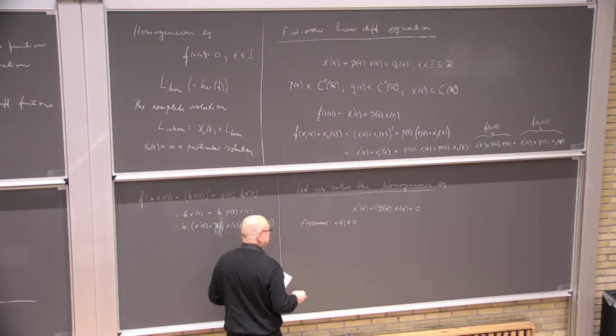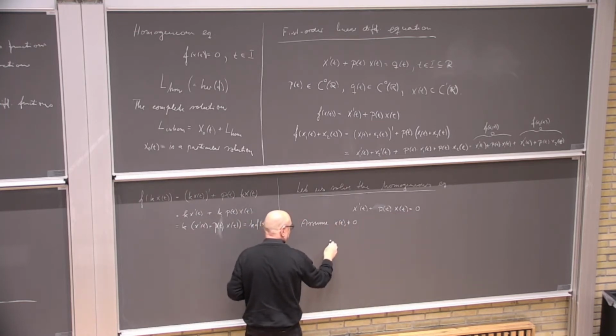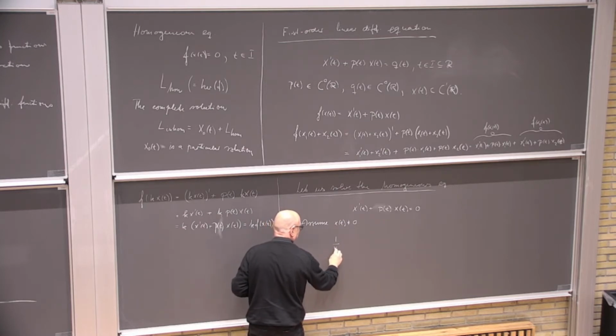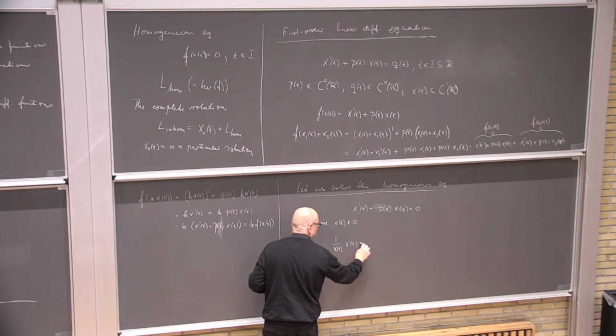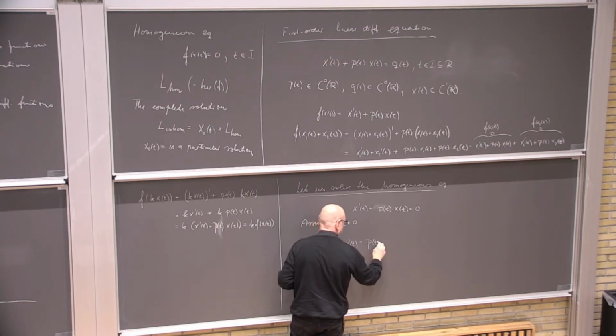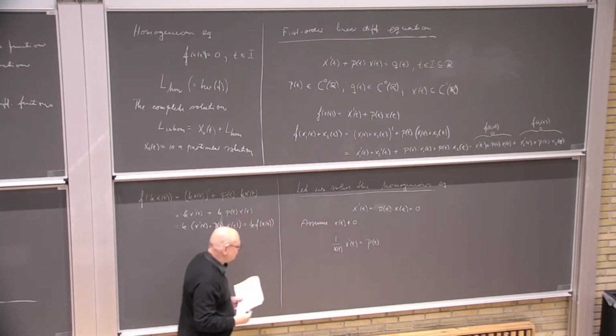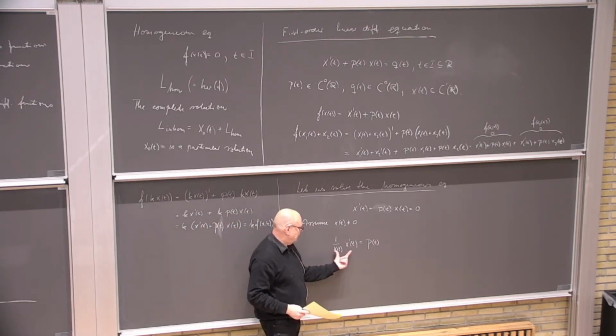And if it is different from 0, I can divide the equation by x of t, and then I get 1 over x of t times the derivative, and you see here that this is actually the derivative of a combined function.